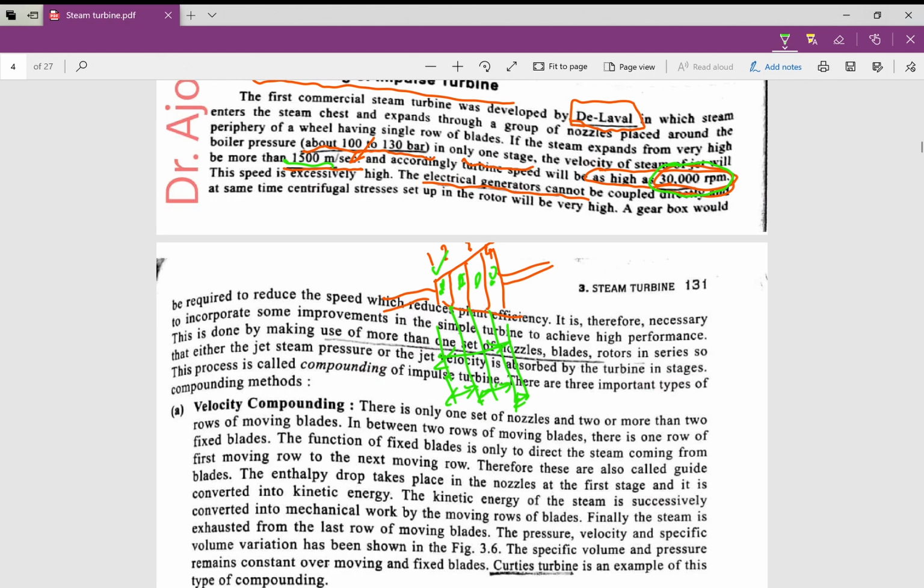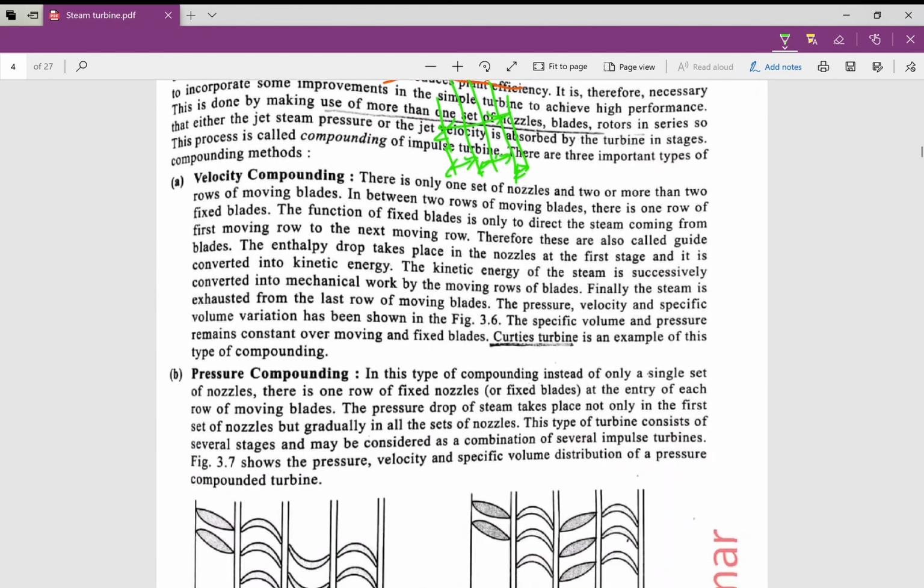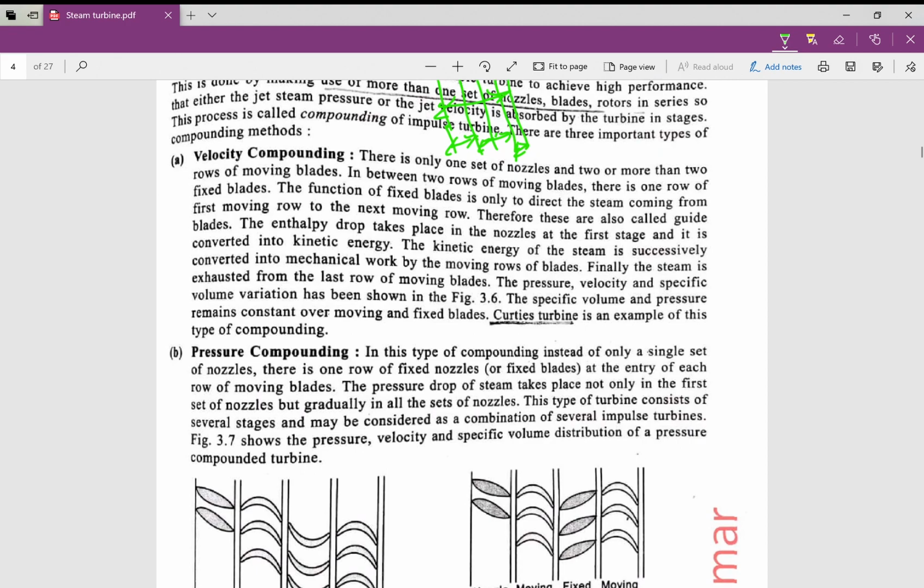So now, what are the types of compounding? The first one, starting with velocity compounding.